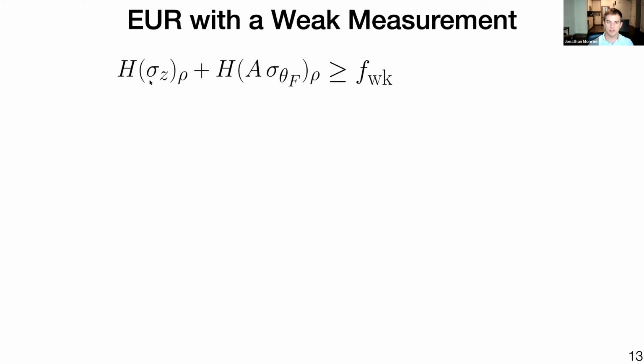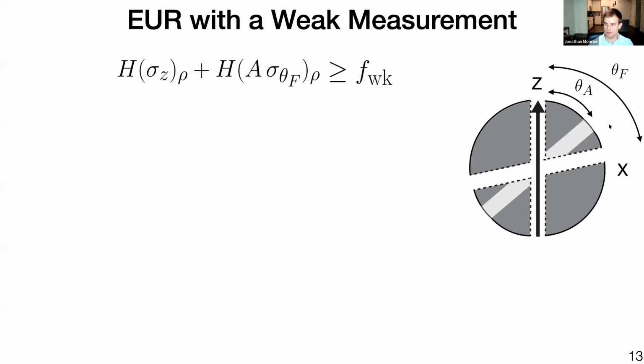Again, our original sigma z measurement, and now a kind of composite measurement, where A is a variable that we're going to measure weakly, and then we'll measure another variable strongly at an angle of theta f. So whereas before we just had this single strong measurement outcome, we now have a weak measurement at some different angle theta a.